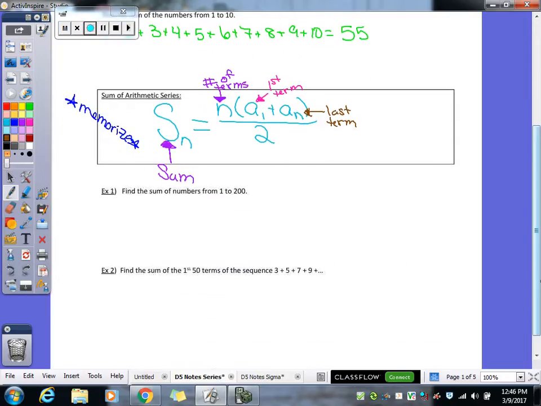So now using that formula, we can find our sum. I'm going to write my sum formula again because you have to memorize this. The more times you write the formula, the more likely it is you're actually going to remember it. So we'll write it again for example number 1. We're finding the sum from 1 to 200. So what would our n be? How many numbers do we have? 200.